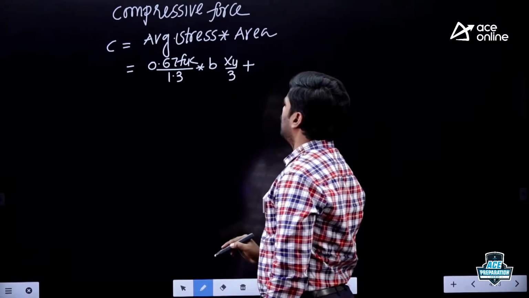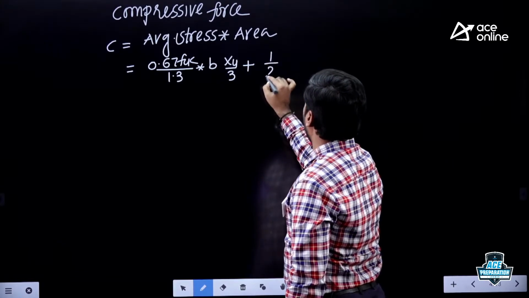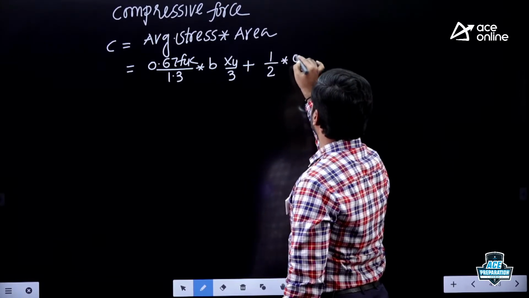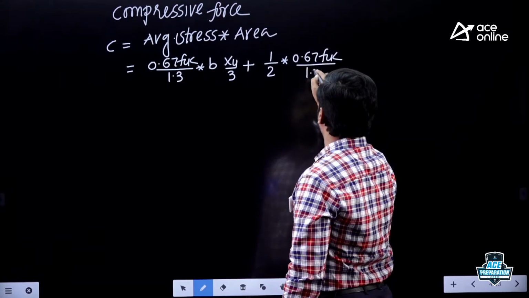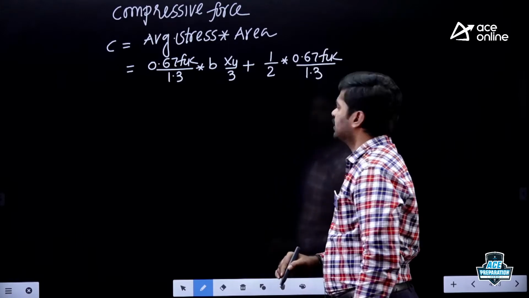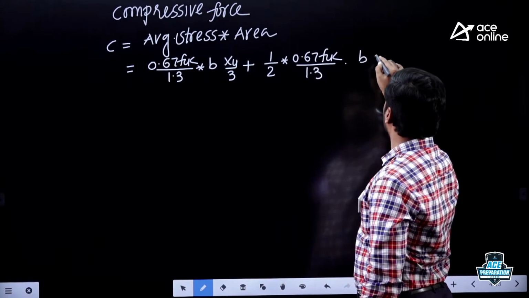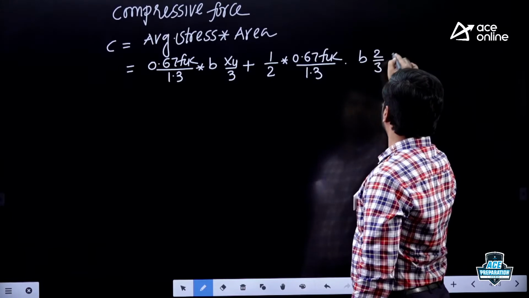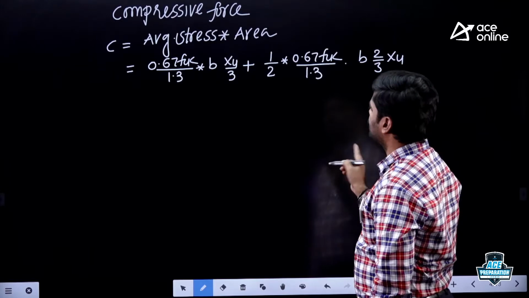Then what about the average stress of the triangle? Half into 0.67 FCK upon 1.3. This is the average stress. Into area. Area will be B into 2/3 of XU. Okay. Now simplify.